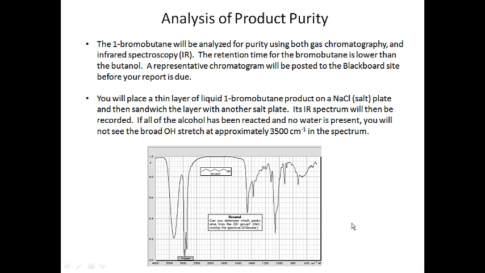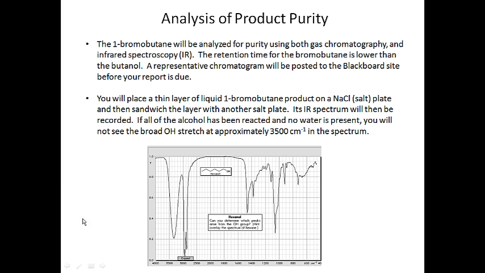Then we're going to analyze the purity of the product. You're going to determine your mass, of course, and calculate your percent yield based on the theoretical yield that you calculated in the pre-lab assignment. We're going to take some of that butyl bromide and inject it into the gas chromatogram, and we're going to get a GC trace to show you how pure your product is.